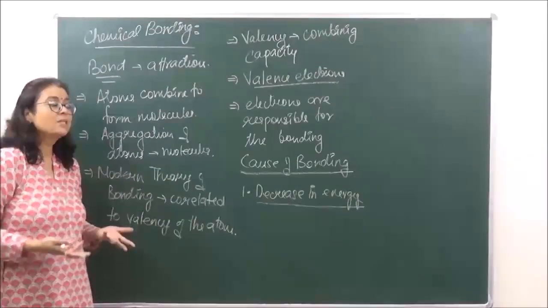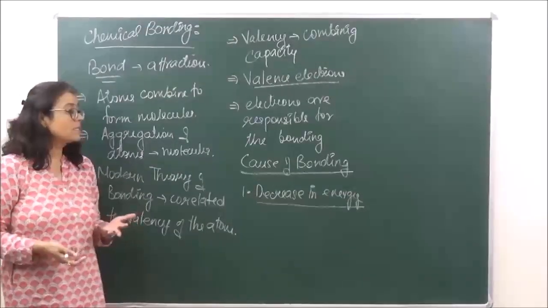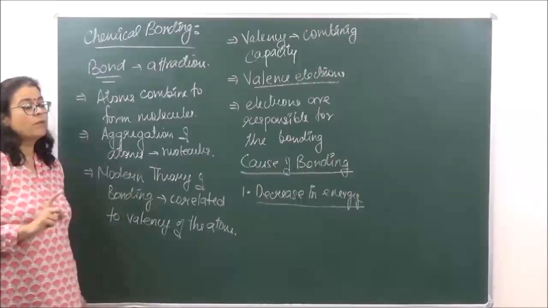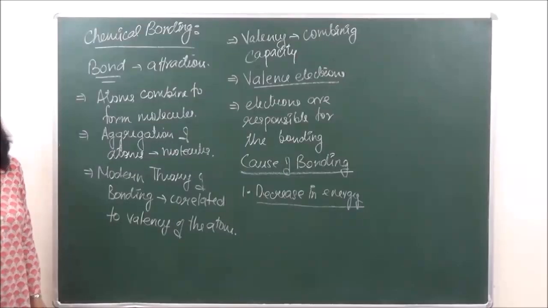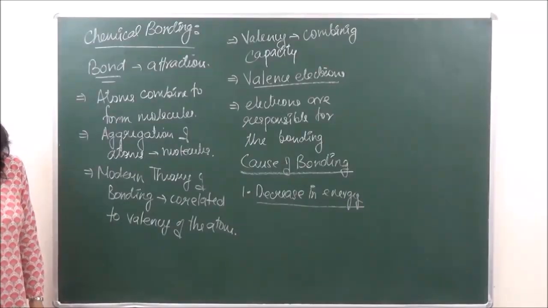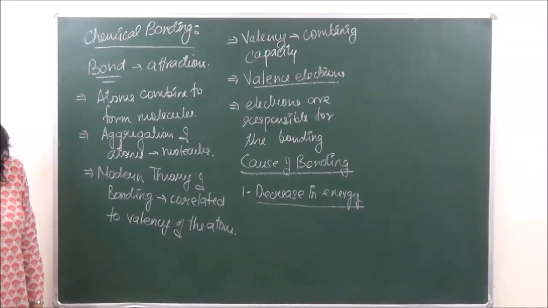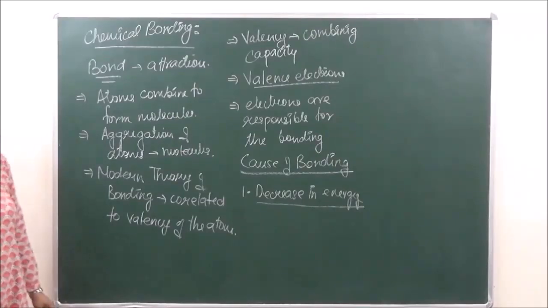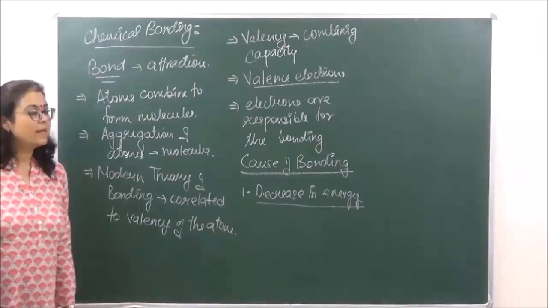So the system is losing energy, and because the system is losing energy, the bond formation can easily take place. So what are we saying? Whenever two atoms approach each other, new forces of attraction and new forces of repulsion come into play.